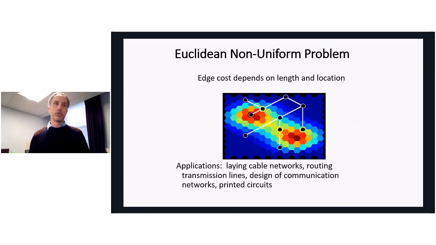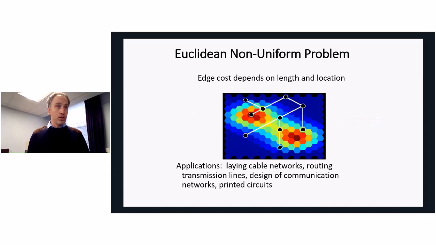In this particular problem, I'm trying to connect these black dots on this landscape in the minimal cost fashion, where the cost depends on the color of the cell. Blue is cheaper. The red is the most expensive. There are a bunch of applications here: cable networks, transmission lines, printed circuits. So it's very similar to some of the applications I showed earlier.